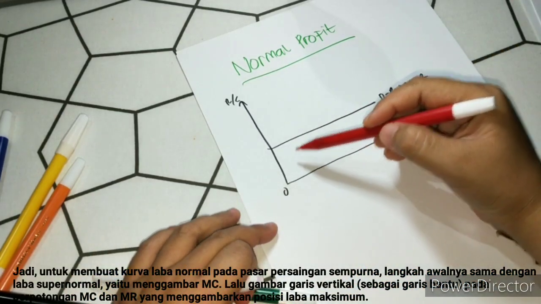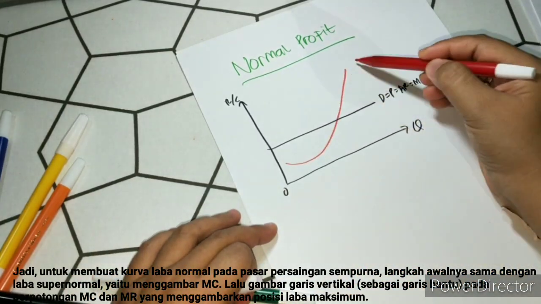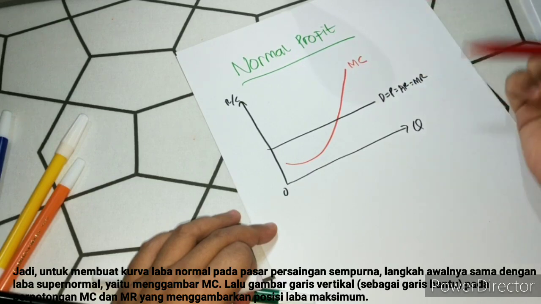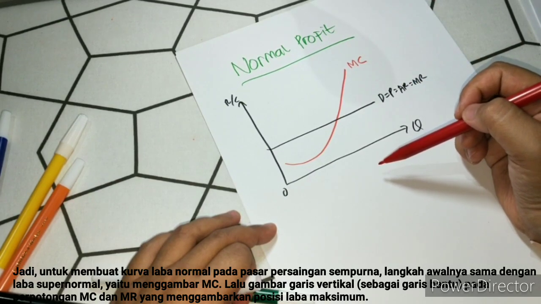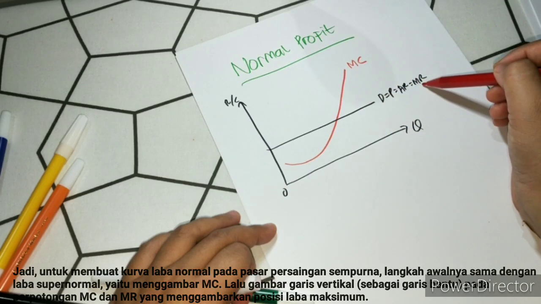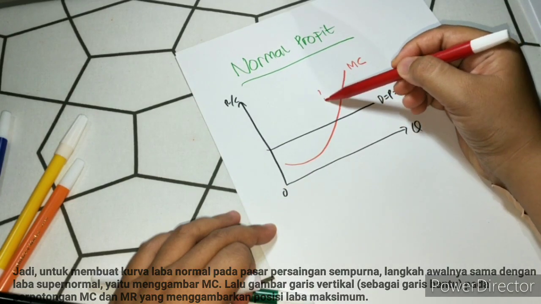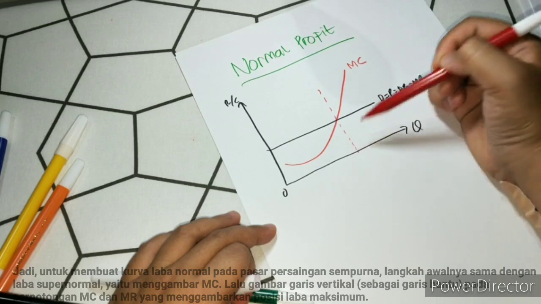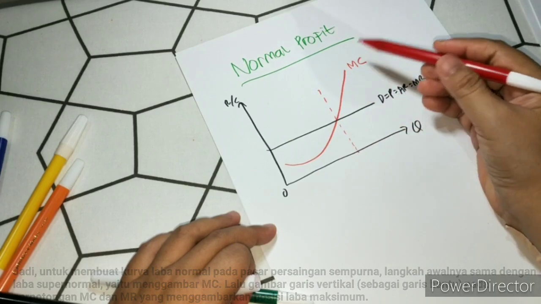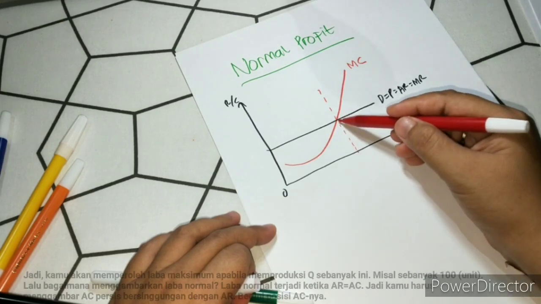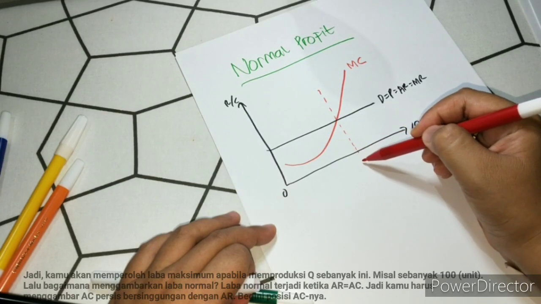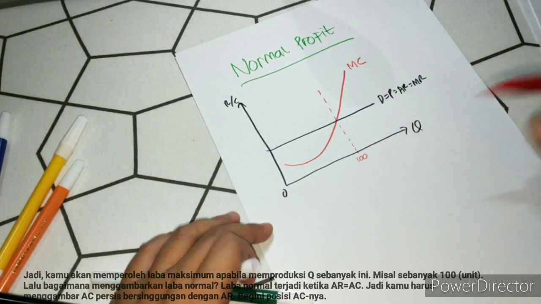You have to draw the marginal cost first. Then you draw the vertical line at the cross of marginal cost and marginal revenue. It represents the maximum profit. So you will get the maximum profit if you produce as much as this one. Let's say this is 100.